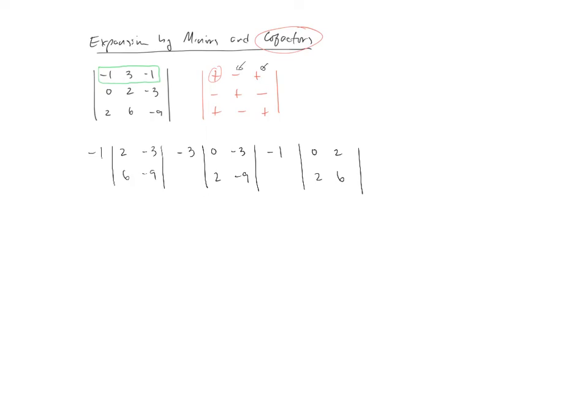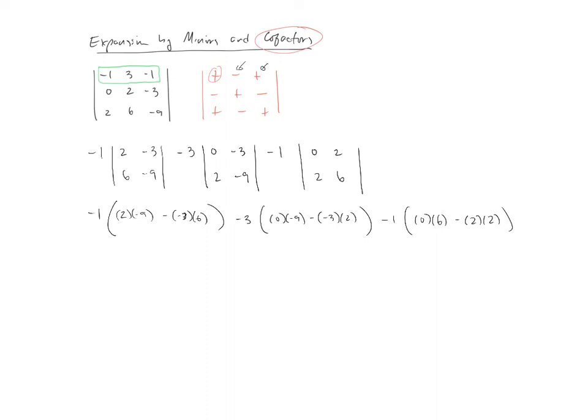So now all we have to do is simplify this whole thing out. So I'll have my -1, and then I'll go kind of slow through this first one. We'll have a 2 times a -9 minus a -3 times a 6, then minus 3 times a 0 times a -9 minus a -3 times a 2, minus 1 times a 0 times a 6 minus a 2 times a 2.